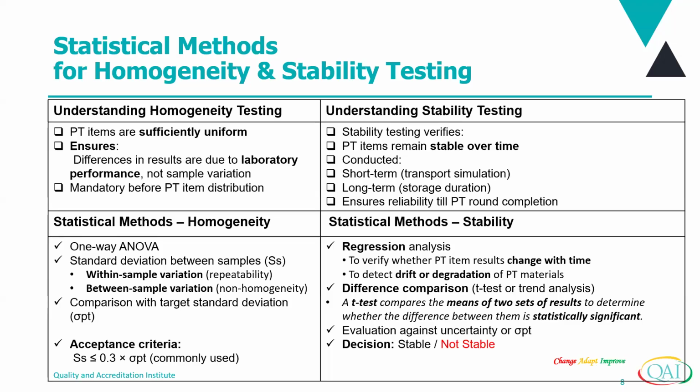If your PT artifact at the end of the exercise, at the end of the PT scheme, is identified as not stable, you cannot release the PT report to the participants. So it is important that in case of calibration, the PT item should be stable from beginning to end, meaning before the release of the PT scheme.